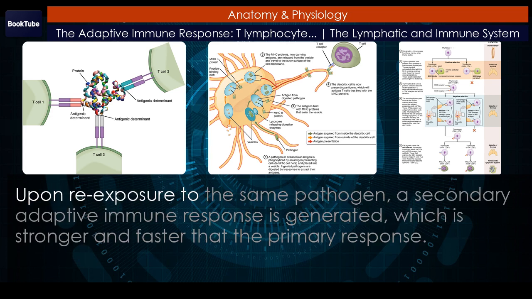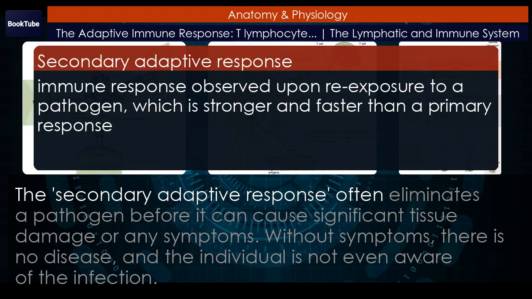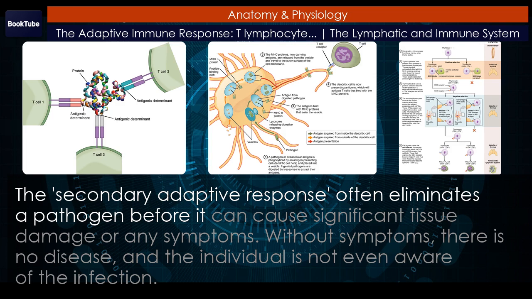Upon re-exposure to the same pathogen, a secondary adaptive immune response is generated, which is stronger and faster than the primary response. The secondary adaptive response often eliminates a pathogen before it can cause significant tissue damage or any symptoms. Without symptoms, there is no disease, and the individual is not even aware of the infection.